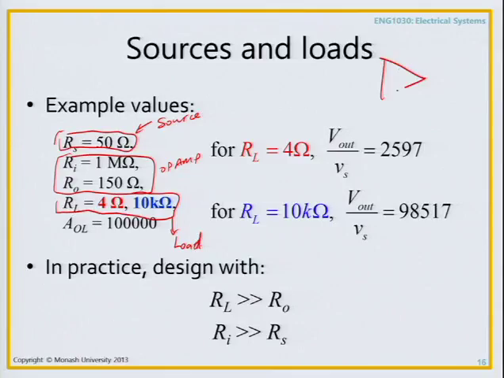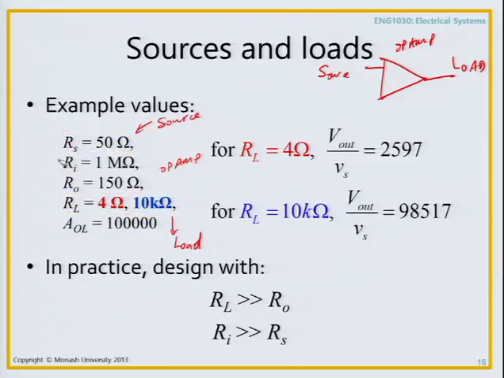Remember, you've got the op amp, the source, and some output here on a load. Sources and loads can have different values of resistance, and these are typical values for those resistances. Let's say for these values, your load resistance is just 4 ohms.